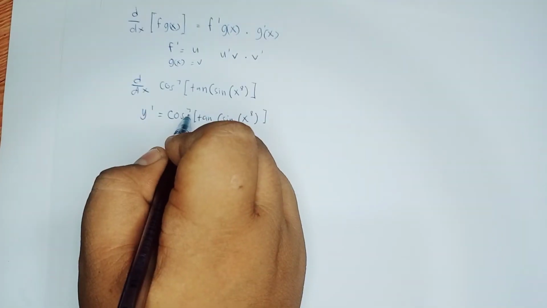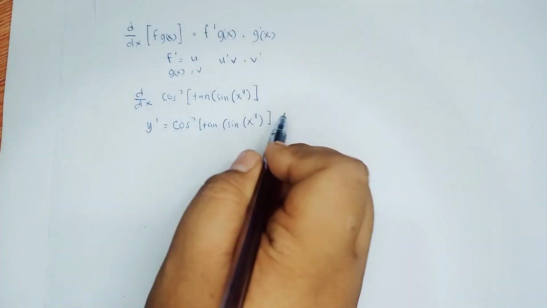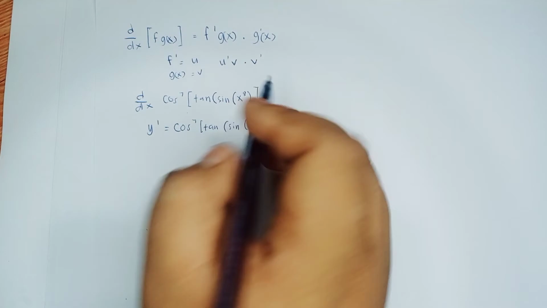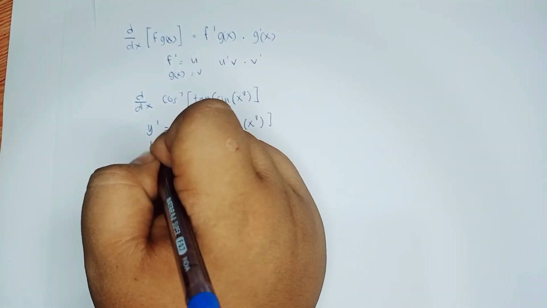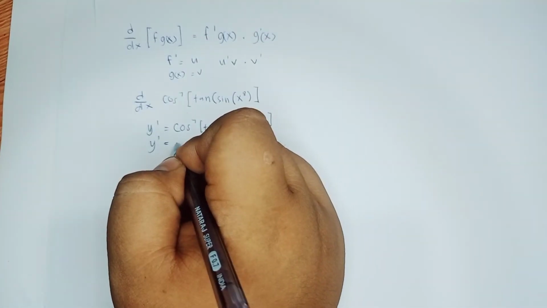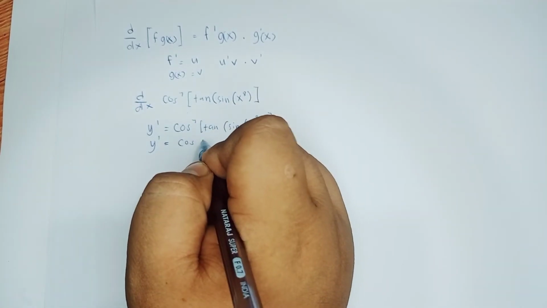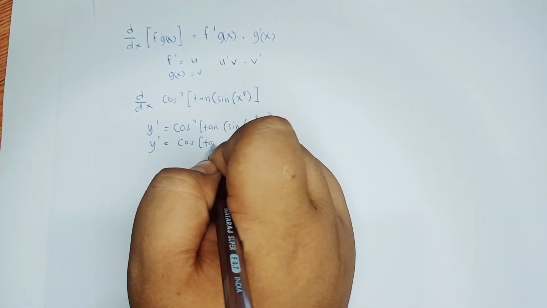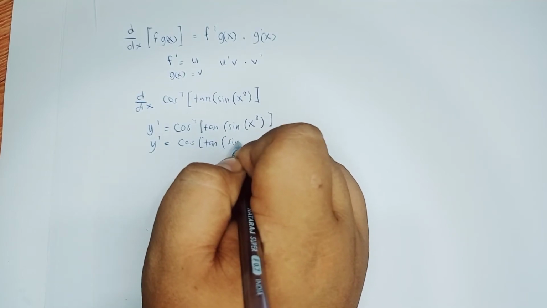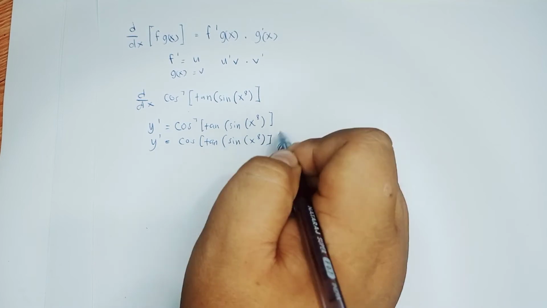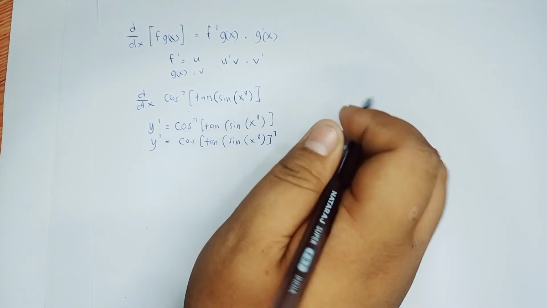Since it is raised to 7, we can put the 7 here and make the exponent 1, where y prime equals cosine of tangent of sine of x raised to 8, all over raised to 7.